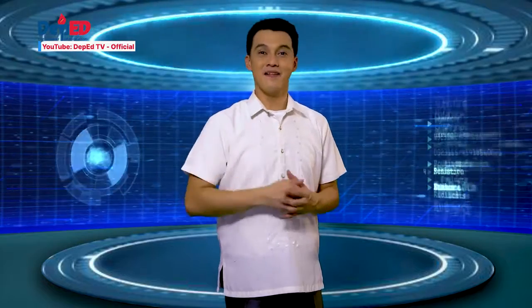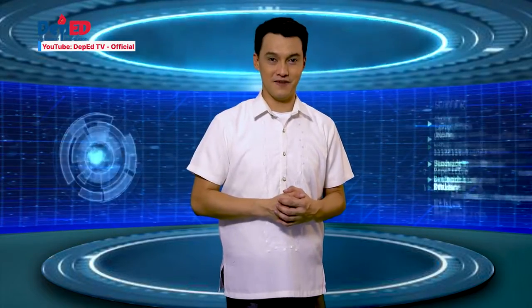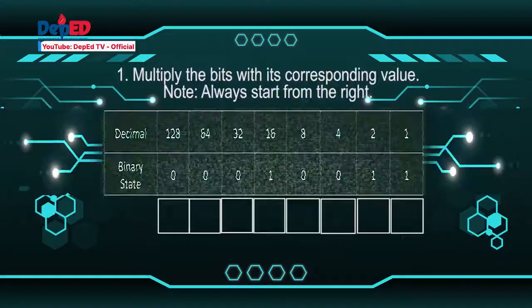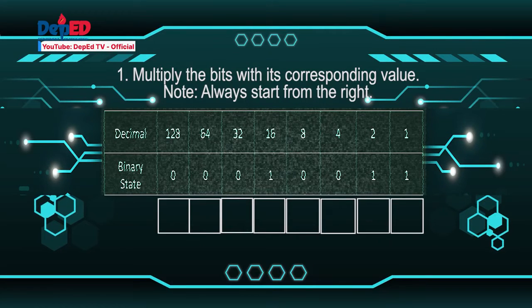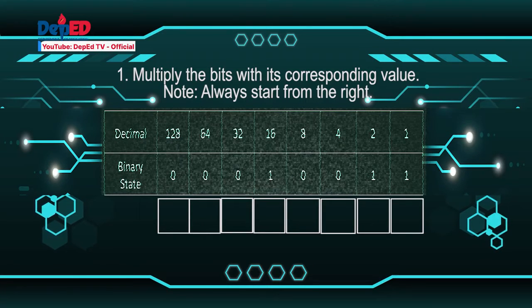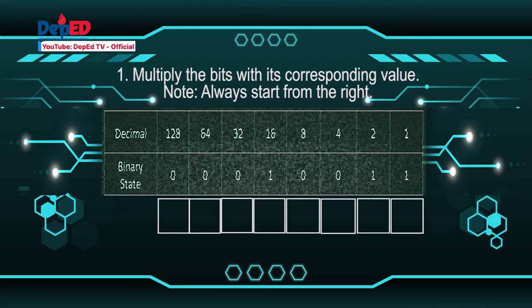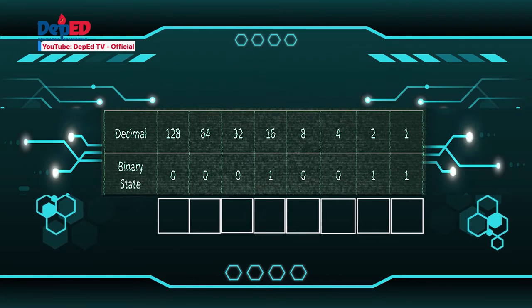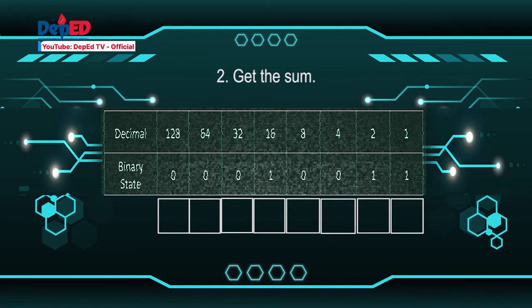Method 2. Binary to decimal conversion. Number 1. Multiply the bits with its corresponding value. Take note, always start from the right. Number 2. Get the sum.